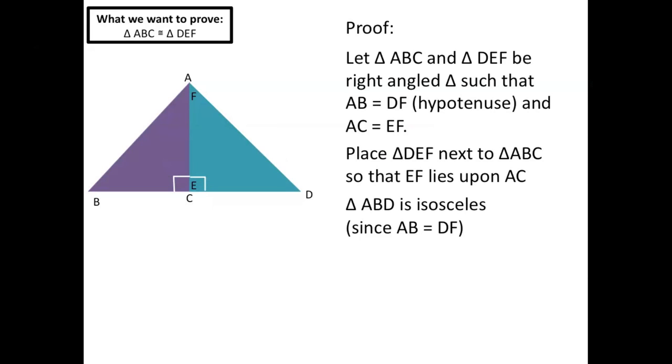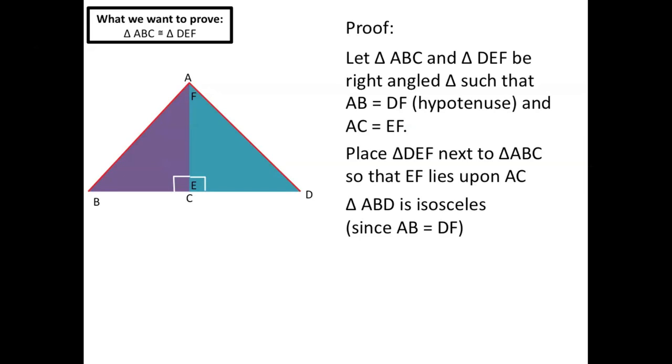So that means that triangle ABD, the new triangle that we created, has to be isosceles, since AB and DF or AD are equal.